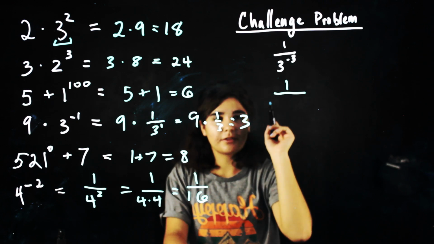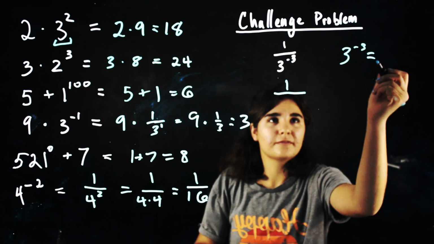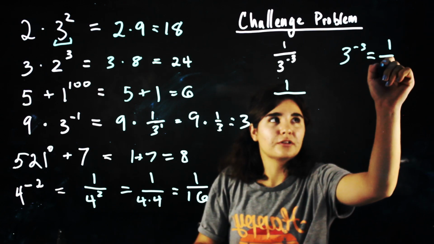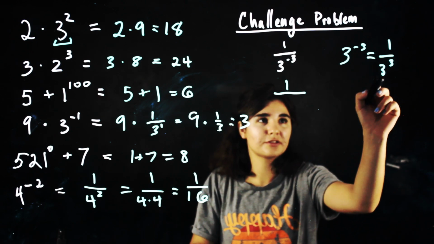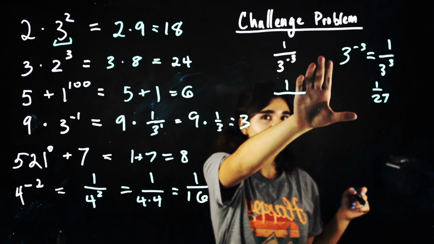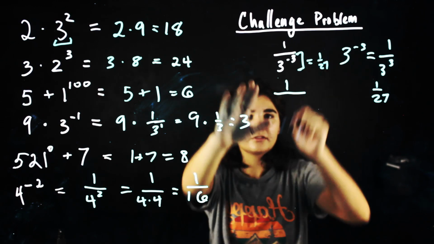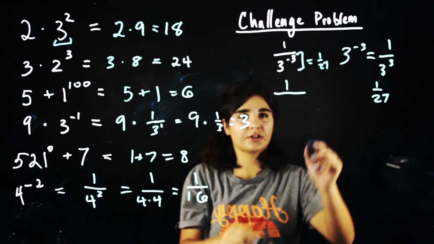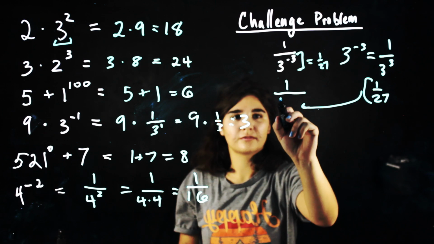We know that 3 to the negative 3, by itself, is 1 over 3 to the 3rd. And we know 3 to the 3rd is 27, so this is just going to be 1 over 27. So that's this bottom part. This is going to be equal to 1/27th, right?